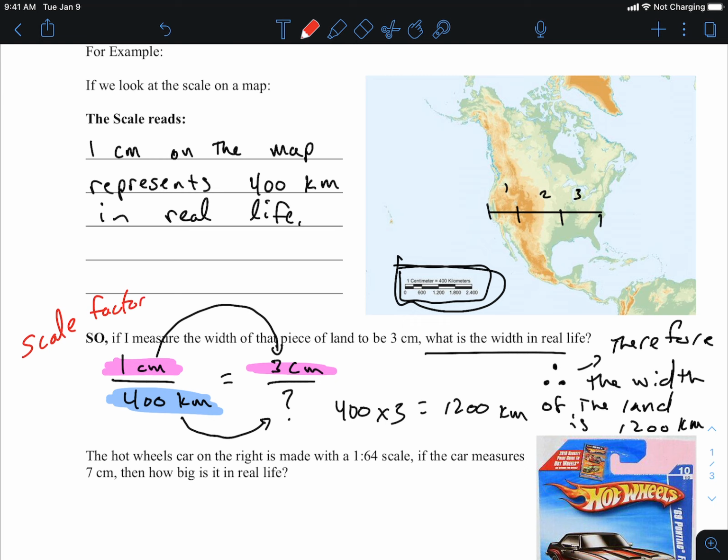Yeah, it's what you're multiplying by, or dividing, because we saw one this morning where we divided. So what's the number that we're multiplying or dividing by in this question? 3. So this is what we call a scale factor of 3. It's scaling up by a factor of 3. It's getting bigger. That's how we got 1,200.